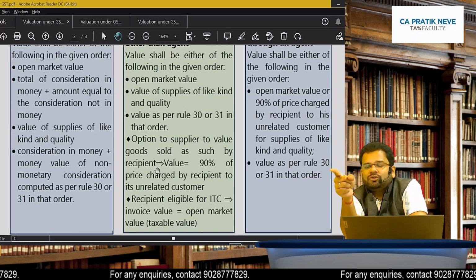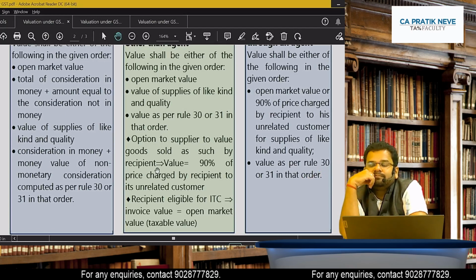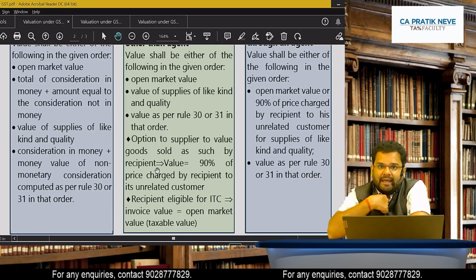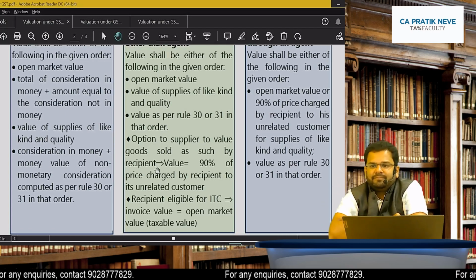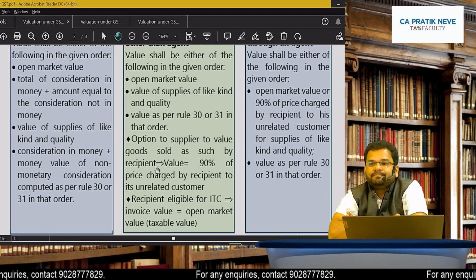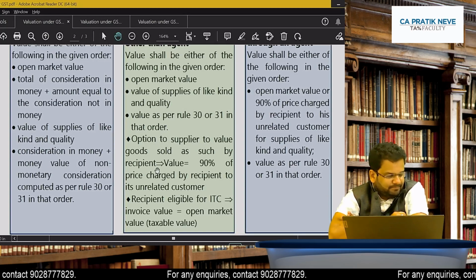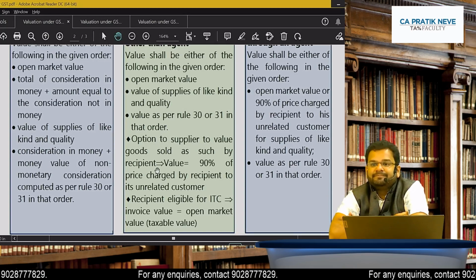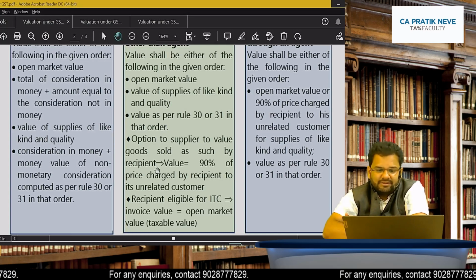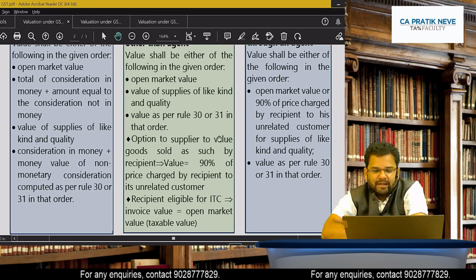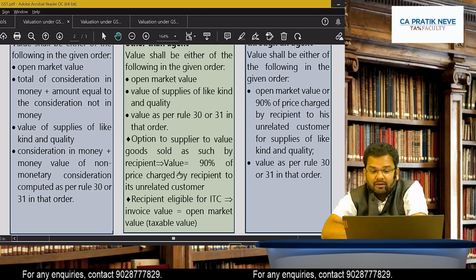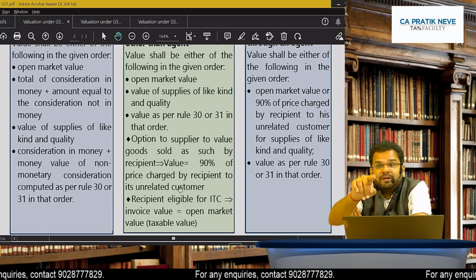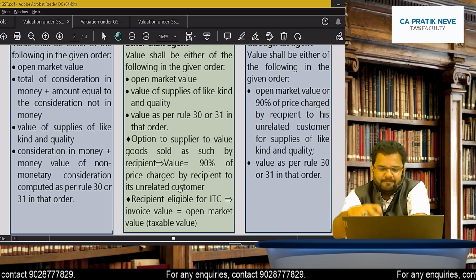You sold the goods to C at 1 lakh. Now I can take assessable value as 90,000. Understood? Prasuna, did you get it? Check this. Option to the supplier to value goods sold as such by recipient: value will be equal to 90% of price charged by recipient to unrelated customer. Agreed?